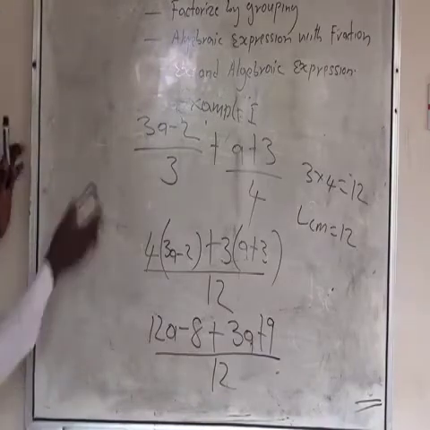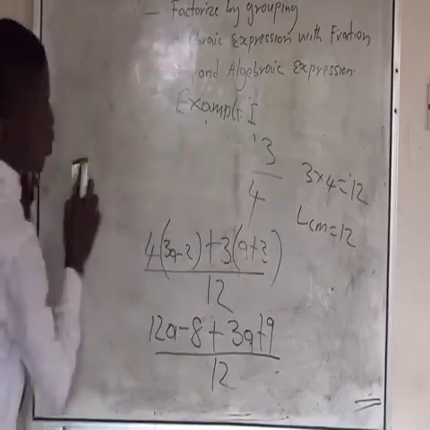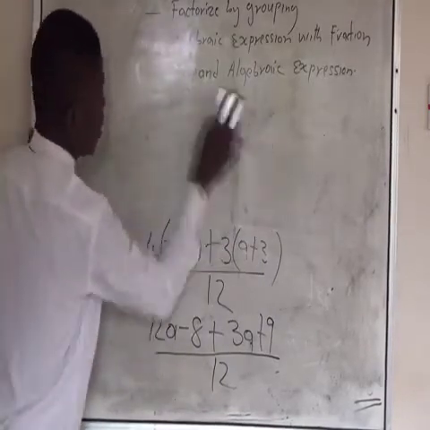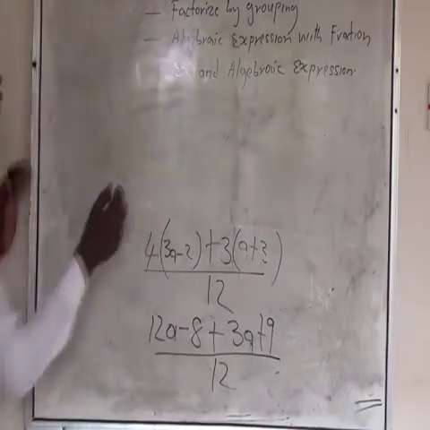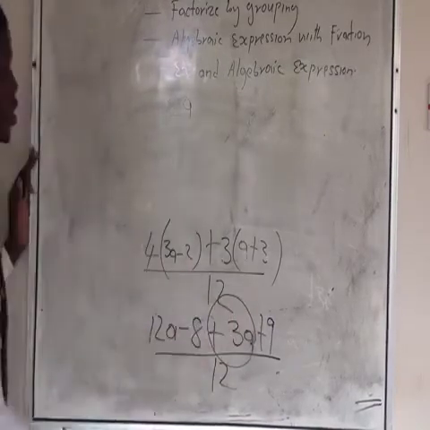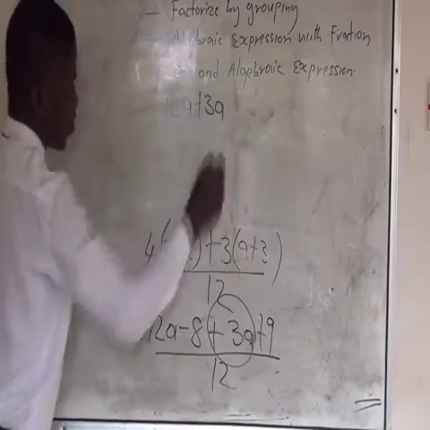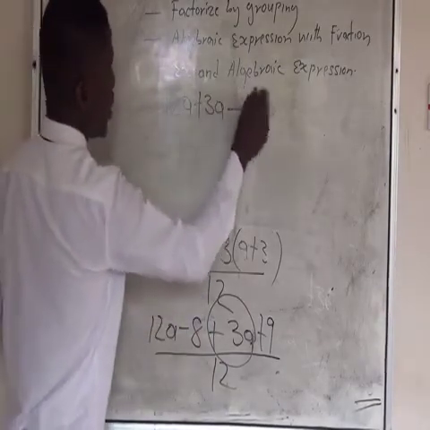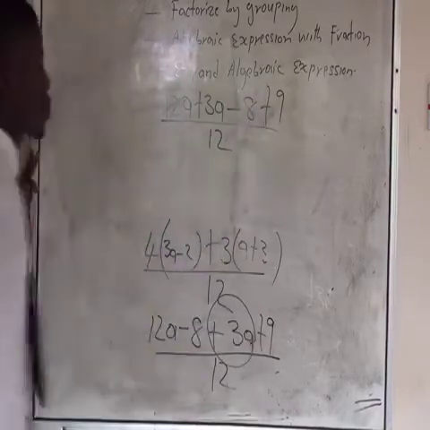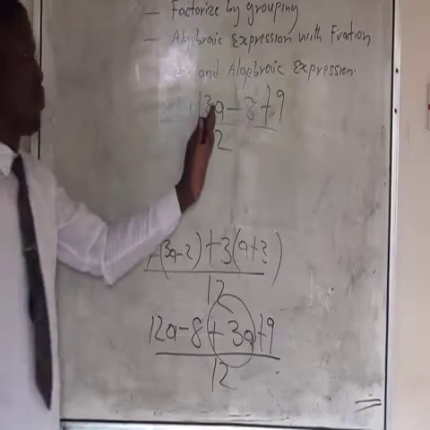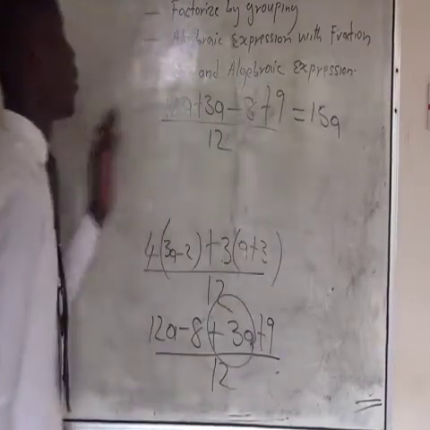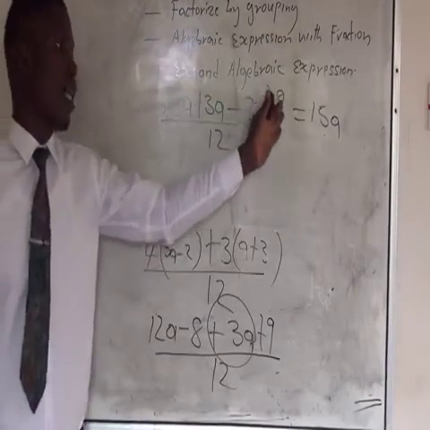Good. Let's continue. The next thing we are going to do here is to rearrange according to their alphabet. Let's rearrange. 12a, plus 3a, minus 8 plus 9, all over 12. 12a plus 3a will give me 15a minus 8 plus 9.